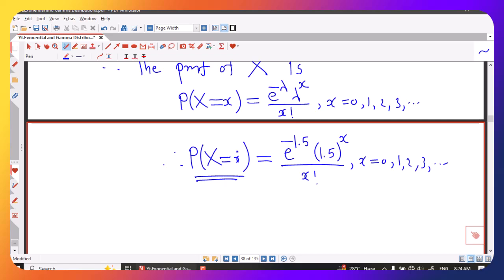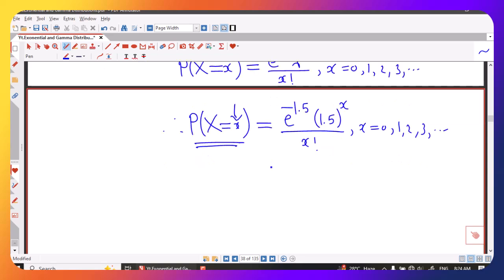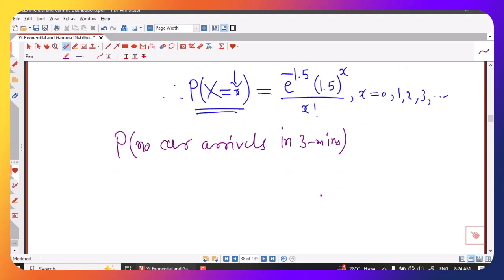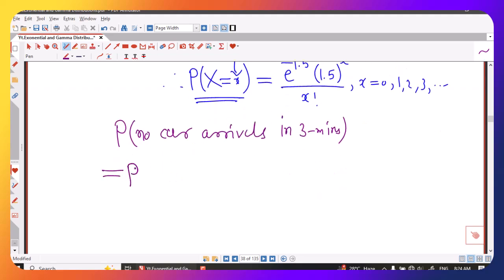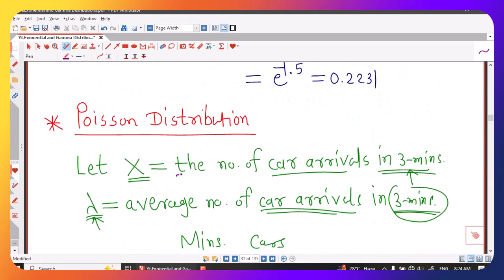So what is this? This is the probability of x car arrivals in a 3-minute interval, and we are asked to calculate the probability of no car arrivals in a 3-minute interval, and our x is the number of car arrivals in a 3-minute interval. So that means probability of x equal to 0. We have defined capital X equal to the number of car arrivals in 3 minutes, and we are interested in the probability that there are no cars in 3 minutes.